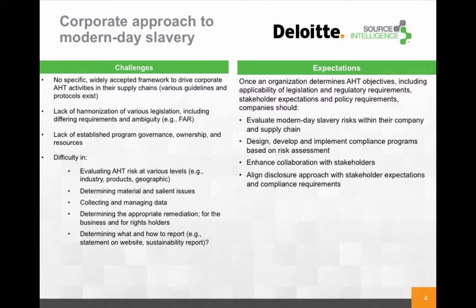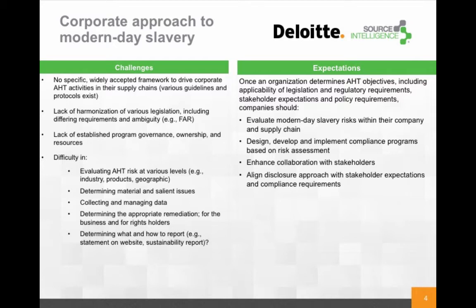How do you collect and place reliance on that necessary data to inform effective decisions? Determining the appropriate remediation. Once you have that data, what are you doing with it? And how are those decisions helping to drive business performance and a focus on the rights holders, so those that are participants in this whole value chain.